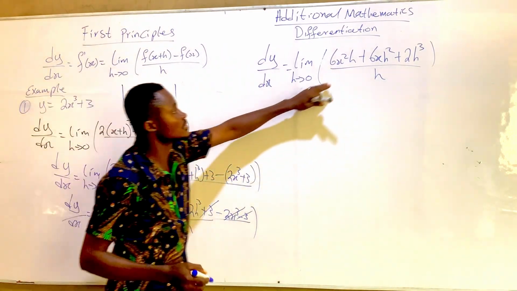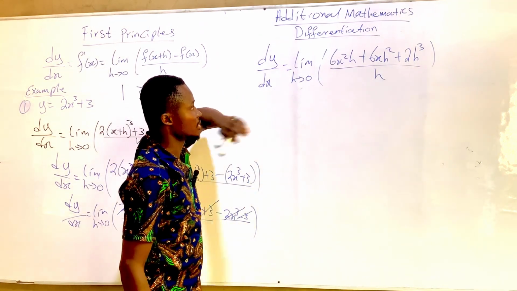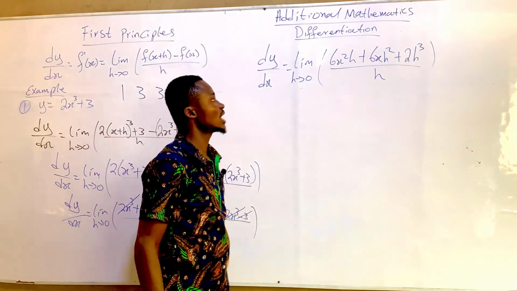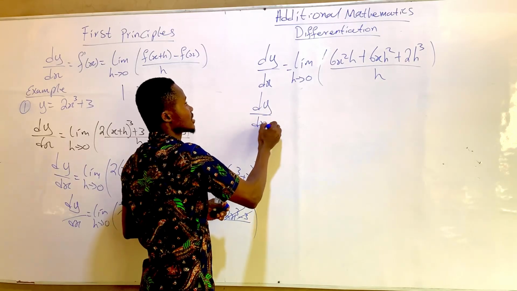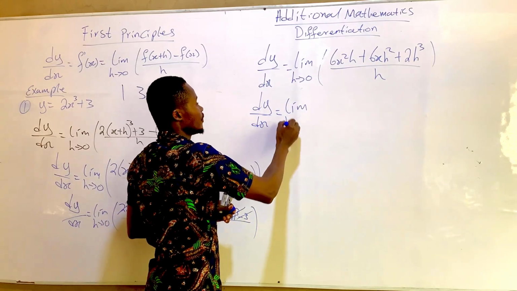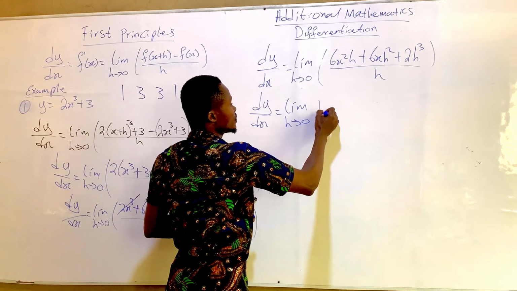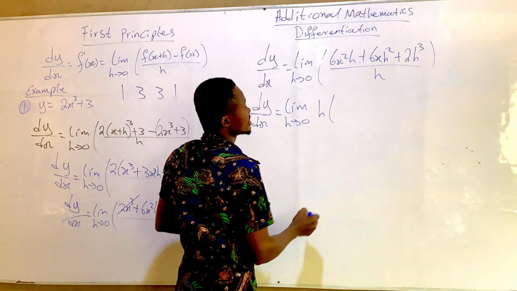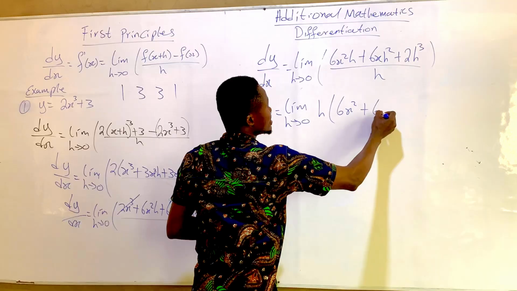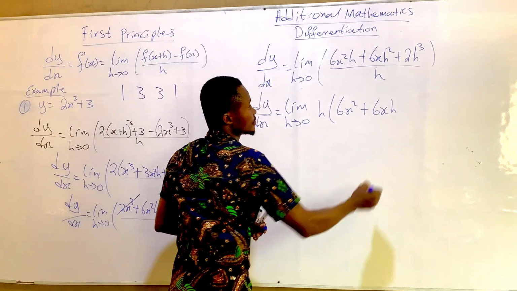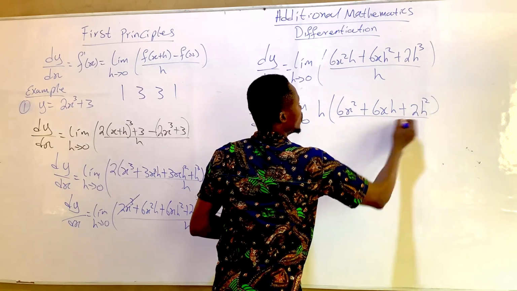Now, when you take a look at this, we can see that h is very common over there. So we can factorize the h out. We'll be heading to dy over dx equals the limit as h approaches 0. h is common, so h will come out in brackets: 6x squared plus 6xh plus 2h squared, all over h.